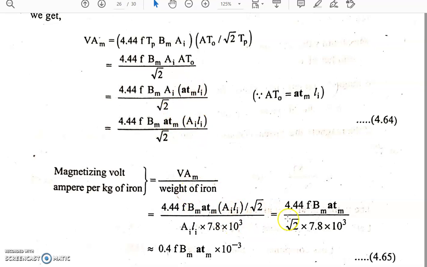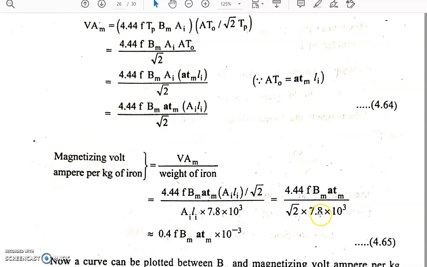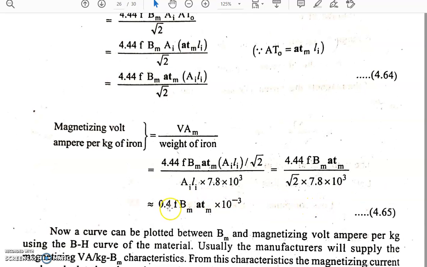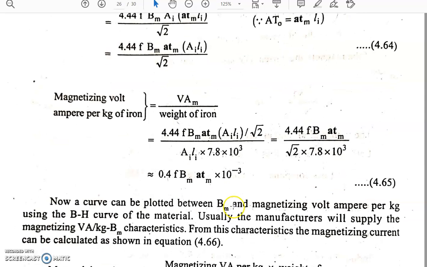Substituting those equations and reducing, Ai and Li will get cancelled, and after calculating the constant values, finally we get approximately 0.4 f Bm ATm x 10^-3. So from the BH curve, or from the manufacturer's supplied magnetizing volt ampere per kg versus B characteristics, we will be able to calculate the magnetizing current.